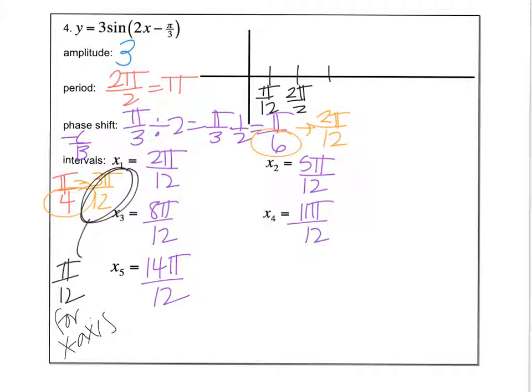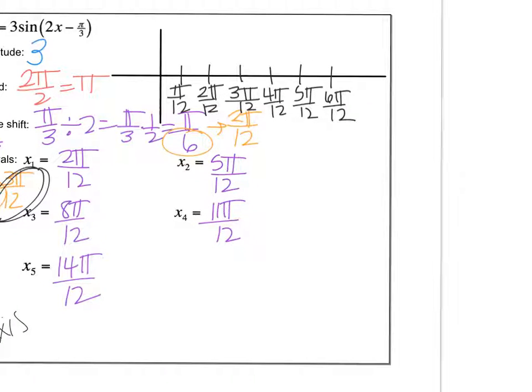We have to go up by the same amount each time. 3 pi over 12, 4 pi over 12, 5 pi over 12, 6 pi over 12. I'm going to run out of room here. 7 pi over 12, 8 pi over 12, 9 pi over 12, 10 pi over 12, 11, 12, 13.